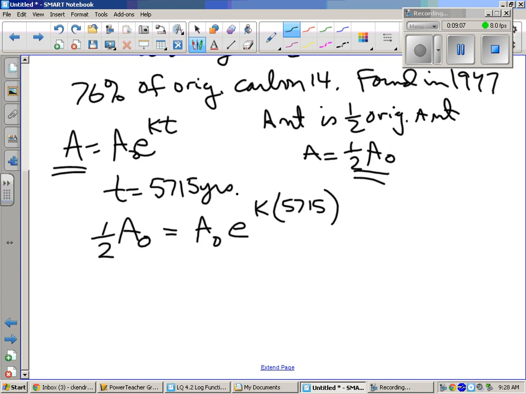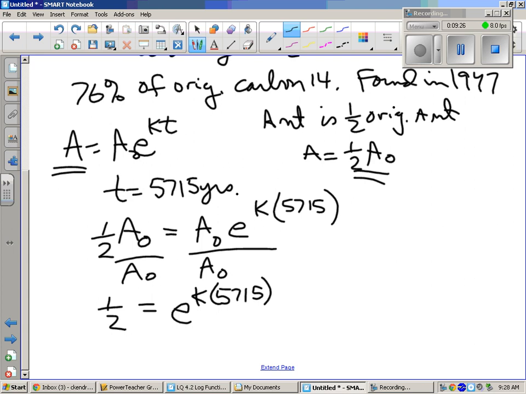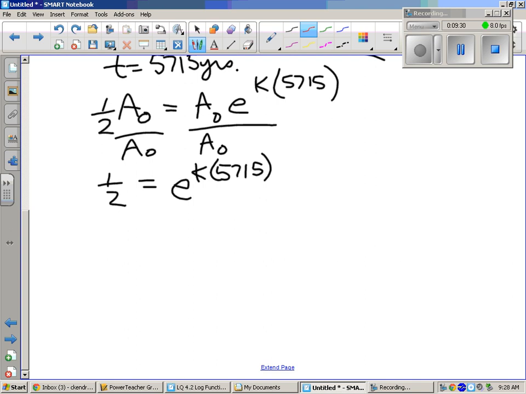All right, so then I see A sub 0 on both sides, so I'm going to divide that out. Whatever that was, I don't really even have to know that. I'm left with 1/2 equals e to the k times 5715. Just like in the other one, we're going to take the natural log of both sides.